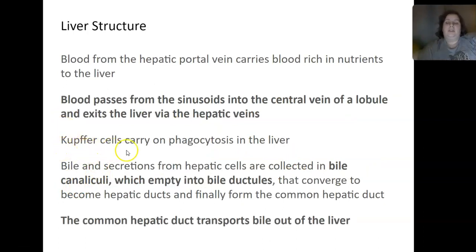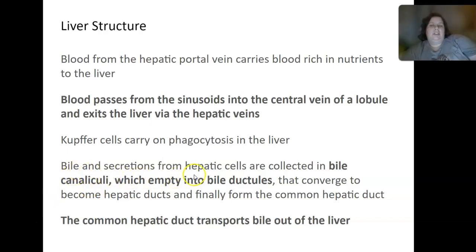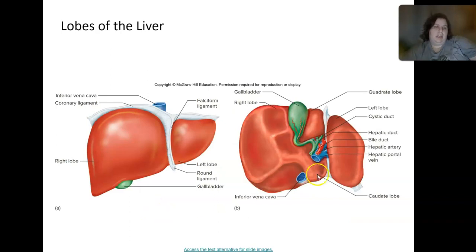There are Kupffer cells, which carry phagocytes into your liver. Your bile and its secretions from your hepatic cells are collected in your bile canaliculi, which empty into your bile ductules that converge to become your hepatic ducts, which then finally make your common hepatic duct, which I'm going to show you here in just a second.